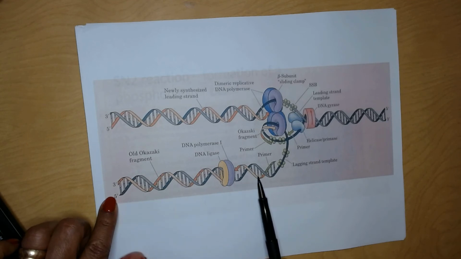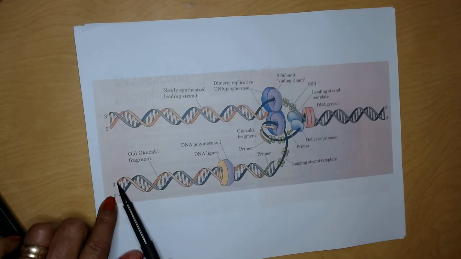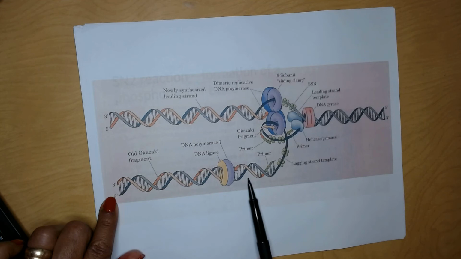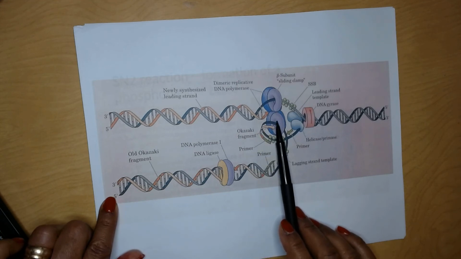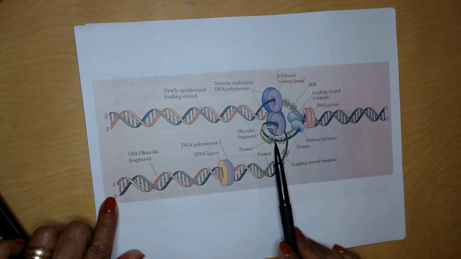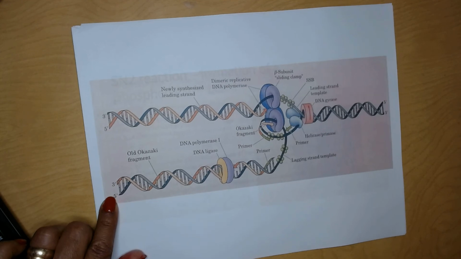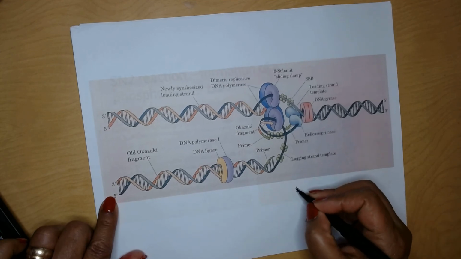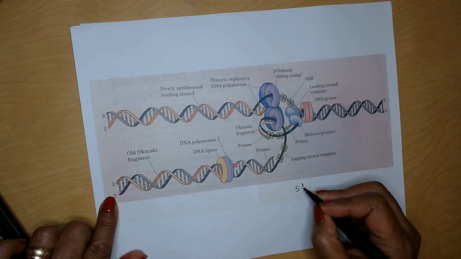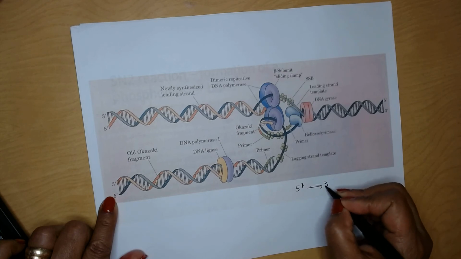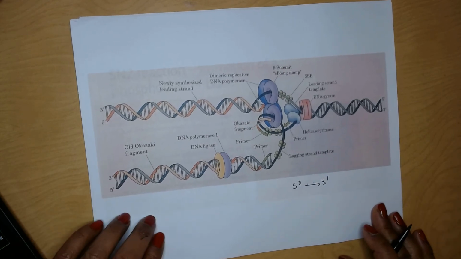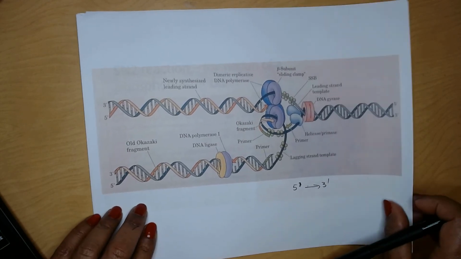You see this one here growing, so this is 3'. So in order to make it happen, we have to make a loop. When it makes the loop, it is also being synthesized from 5' to 3'. So it will always be made from 5' to 3'.